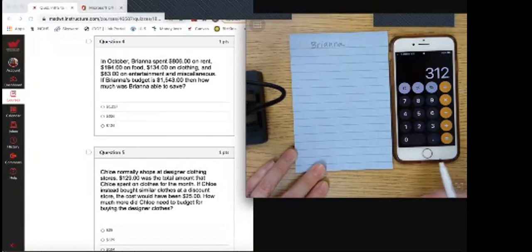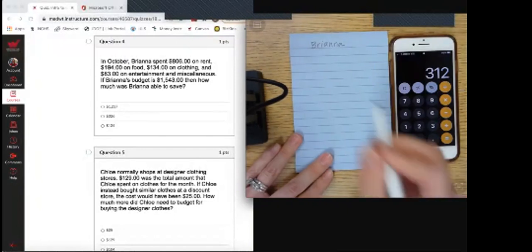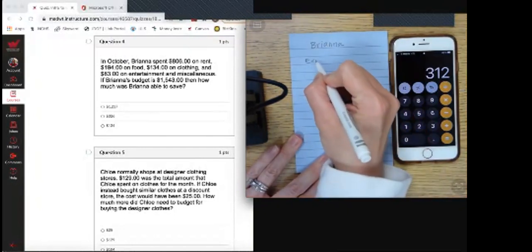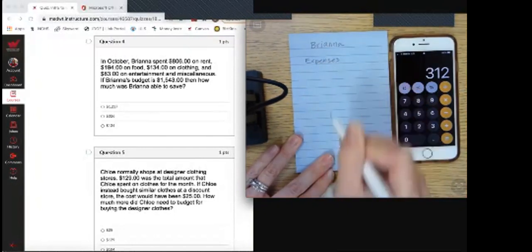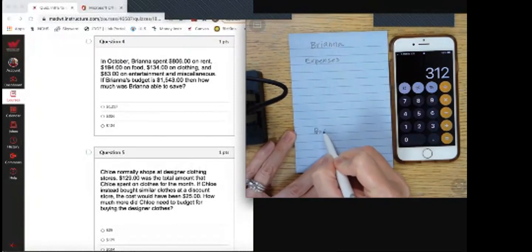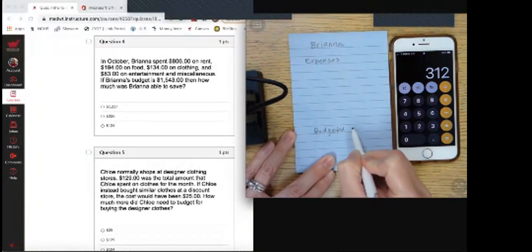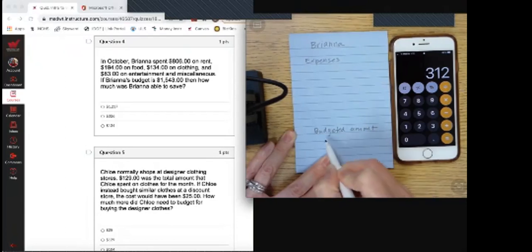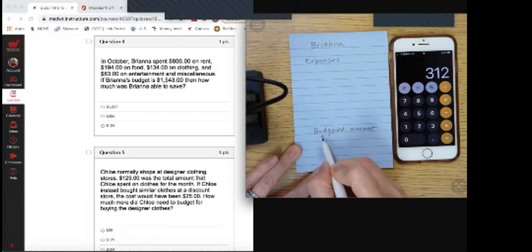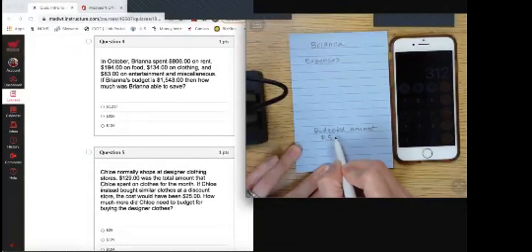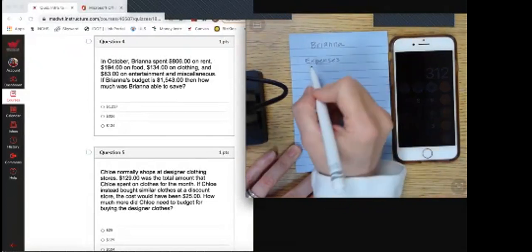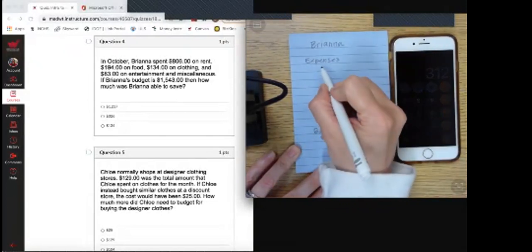So we're going to do the same thing. We're going to add up her expenses, and then we're going to subtract it from her budgeted amount. Her budgeted amount was $1,543.00.